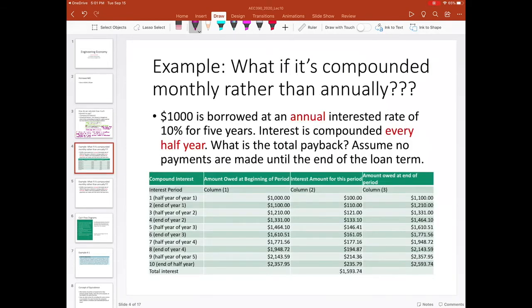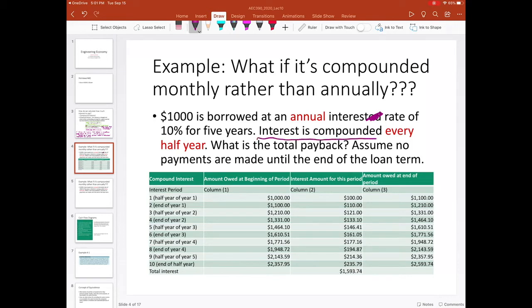Now here is an example. I will show you how the n changes. Here, you still borrow 1,000 from the bank at an annual interest rate of 10% for 5 years. It's exactly the same as the example we showed in the last class.